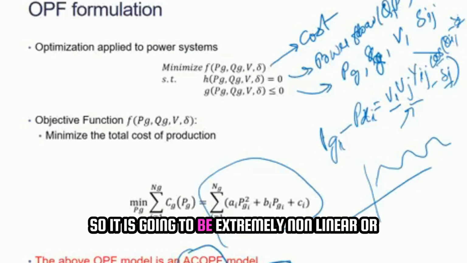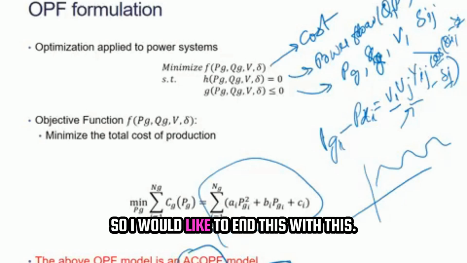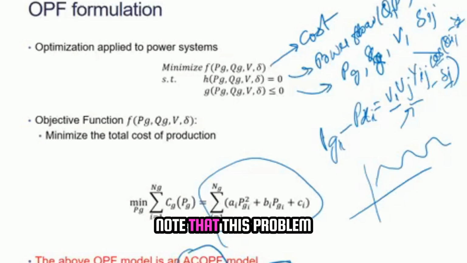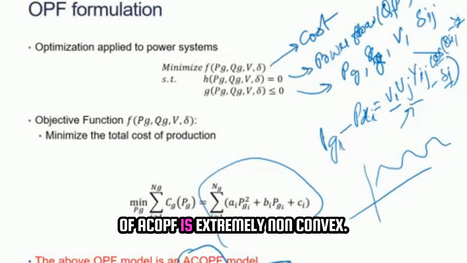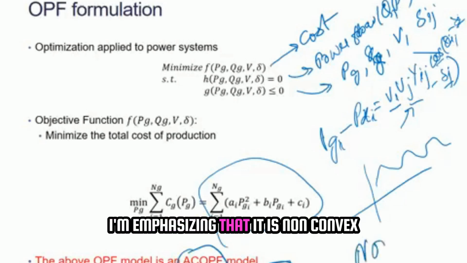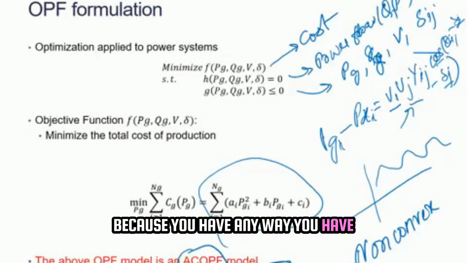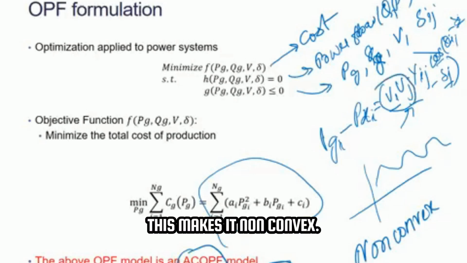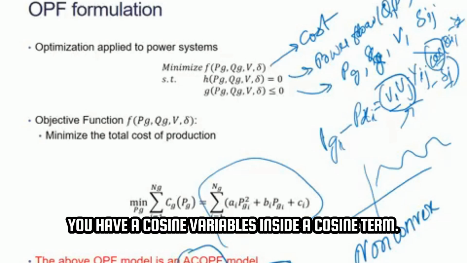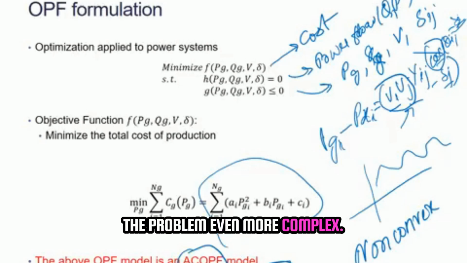So it is going to be extremely non-linear, or an extremely non-convex equation. I would like to end with this note that this problem of ACOPF is extremely non-convex, I'm emphasizing that it is non-convex, because you have the multiplication of two variables. This makes it non-convex. You have variables inside a cosine term. This also makes the problem even more complex, right?